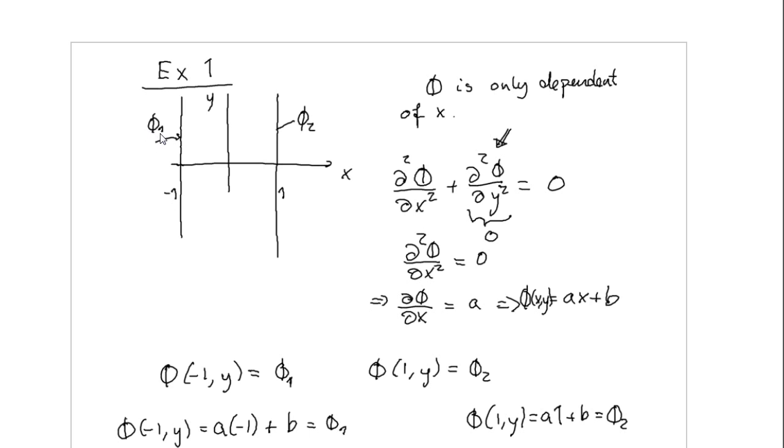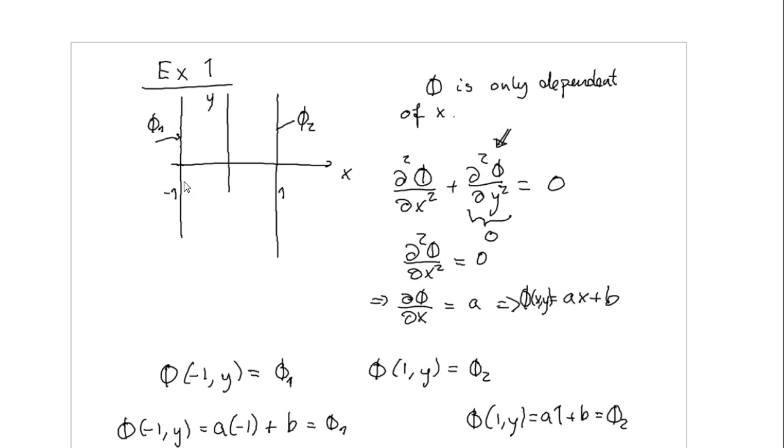We call it phi 1, and this vertical line is placed at the x value minus 1. Similarly, on the opposite side, we have another vertical line where the potential is assumed to be a new constant, namely phi 2.